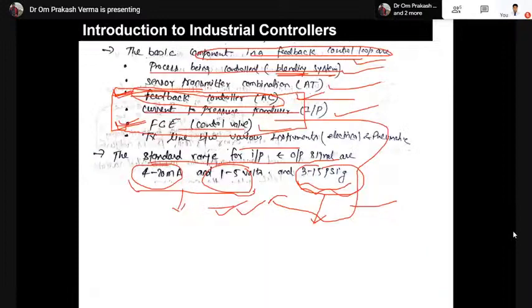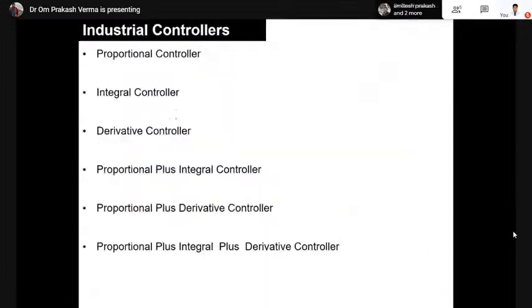Now, what are the different industrial controllers generally used? This is the core part. Nowadays, many controllers based on advanced or optimization techniques have been designed, but generally we are still using these industrial controllers only.